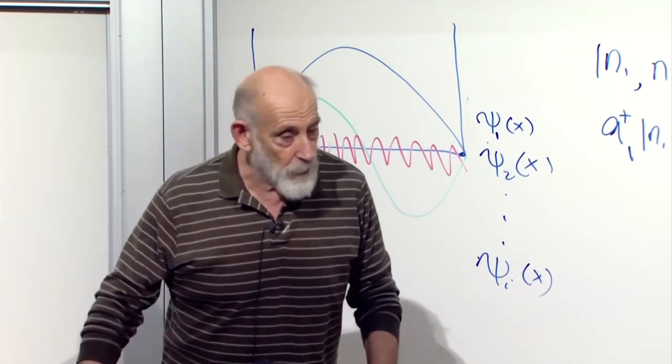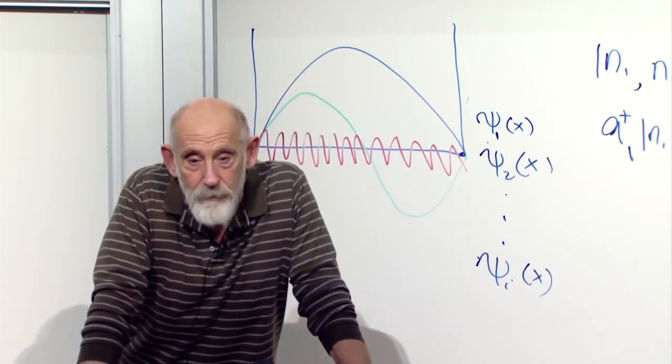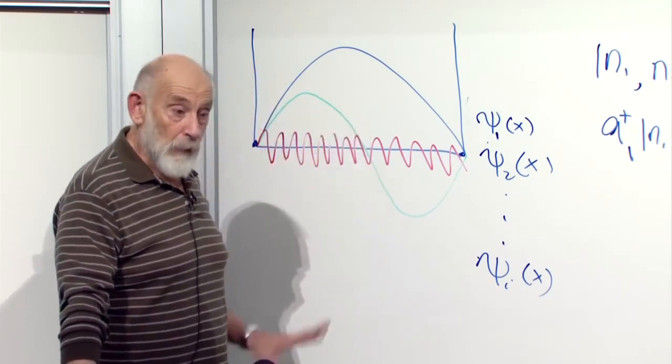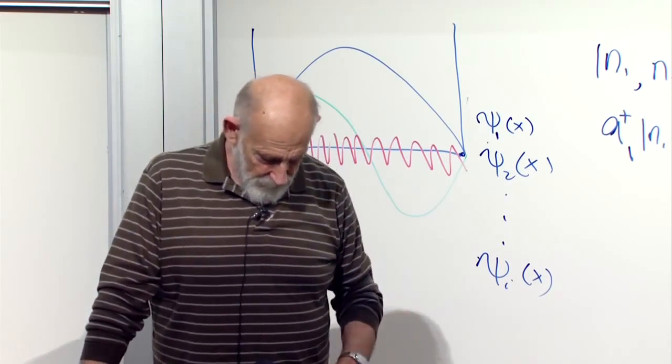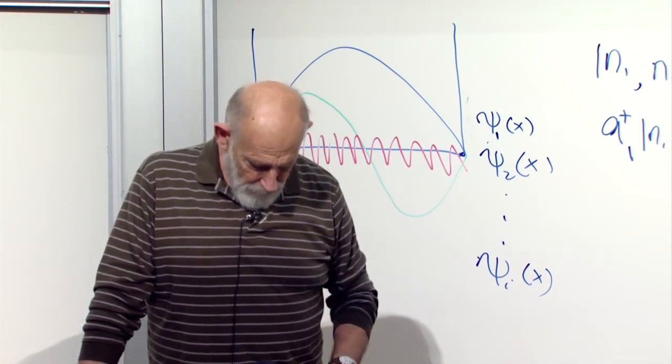So the terminology is well chosen. Now we know what occupation means. It's not you occupying your seat. It's a particle occupying a state, and a boson in particular. These are creation and annihilation operators for particles.